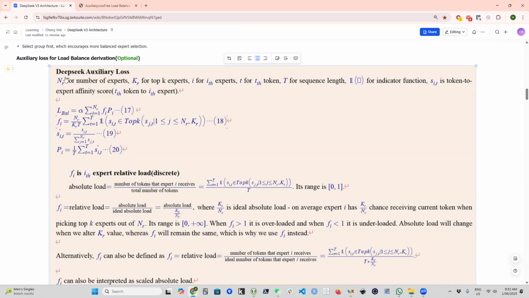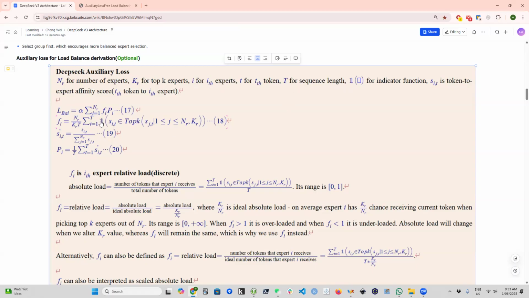Those experts refer to the routed experts, because the shared part is always going through, so we only consider the routed experts, right? So the number of experts, this top K expert, and i here refers to the ith expert, and t, for example here, t refers to token, the t-th token, and capital T here means the sequence length.